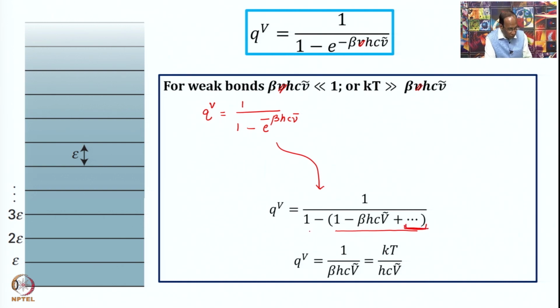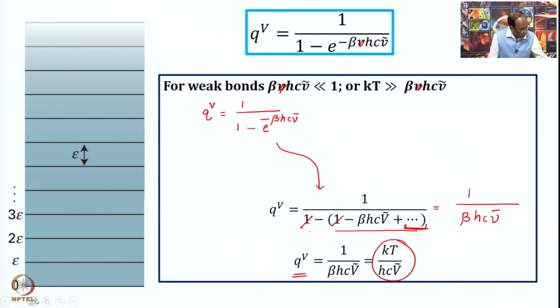What you are left with is 1 minus beta h c nu bar. In that case, 1 and 1 get cancelled, I have beta h c nu bar only, and beta is equal to 1 over kT. So, the vibrational contribution is kT over h c nu bar.